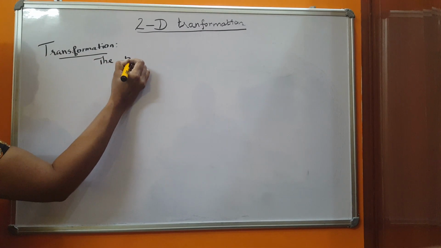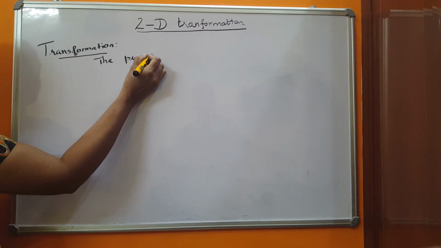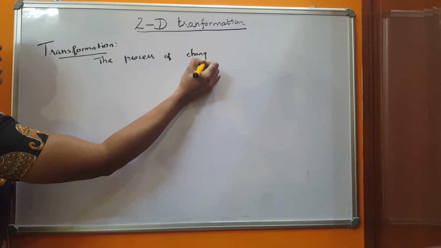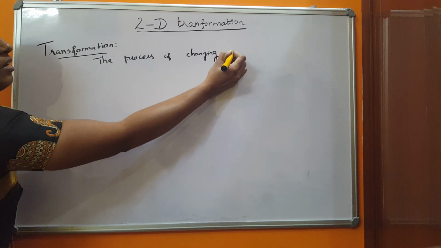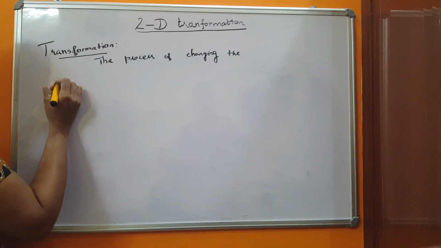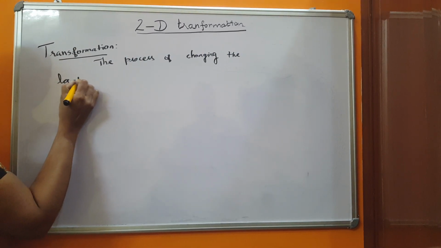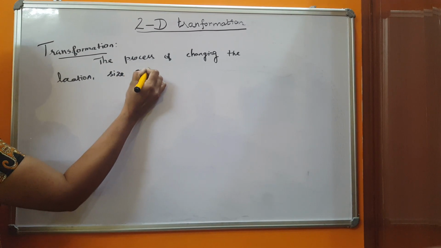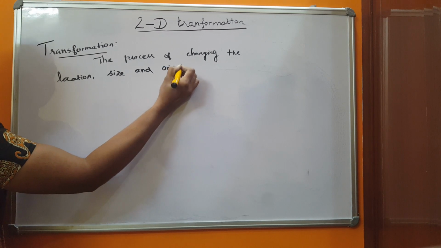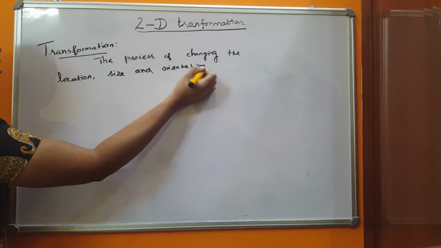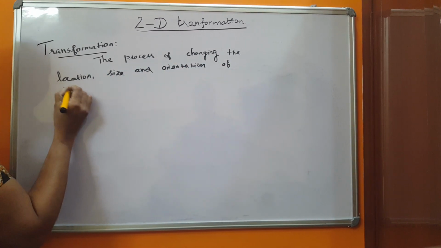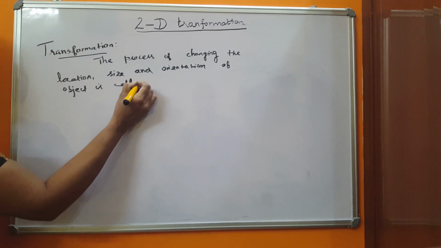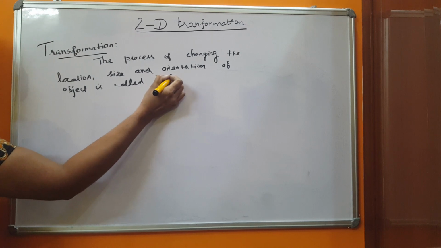The process of changing the location, size and orientation of object is called transformation.